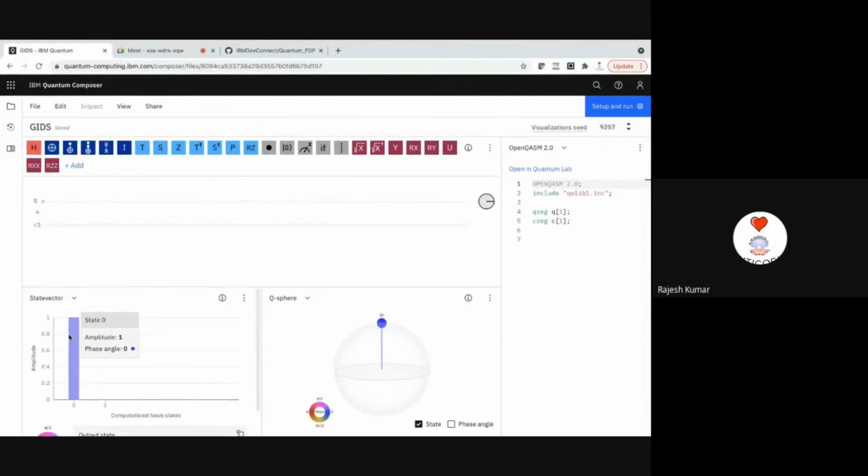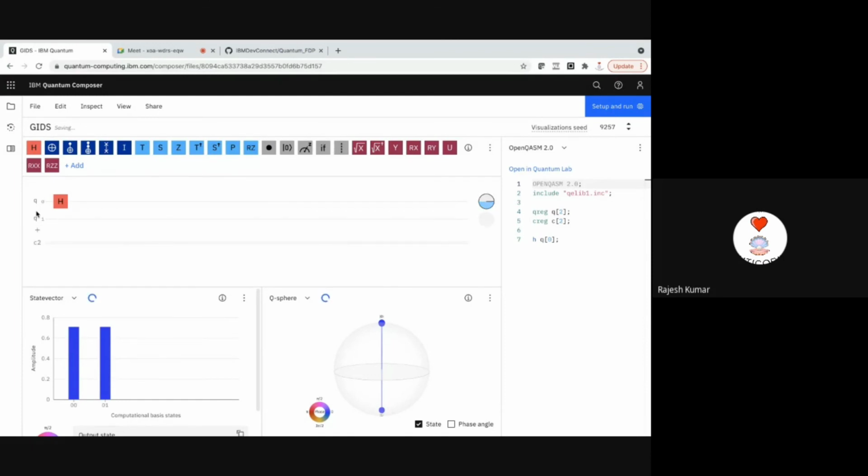This is a circuit we talked about. I am taking a Hadamard gate, which will put the qubit in a superposition state. We have to work with the qubit which is given to us. So this is what happens.